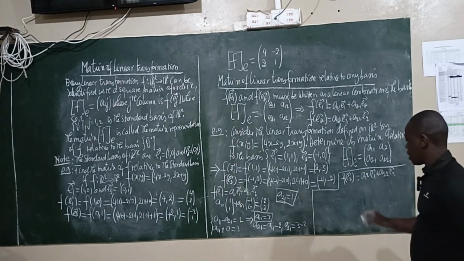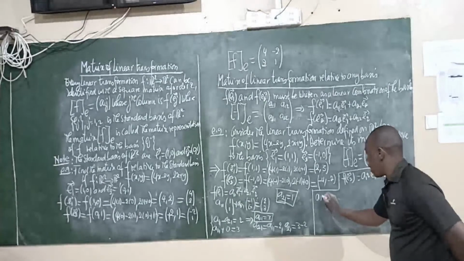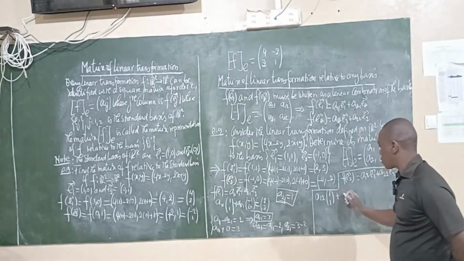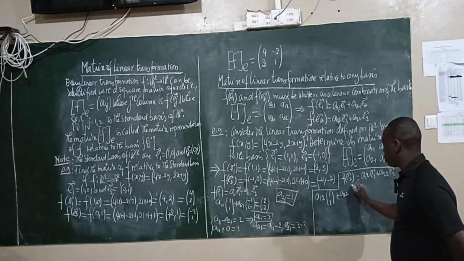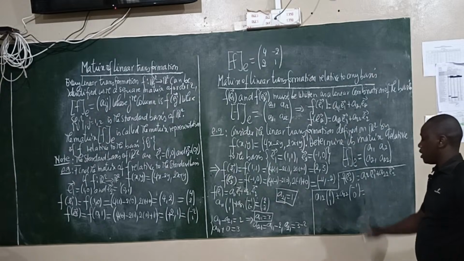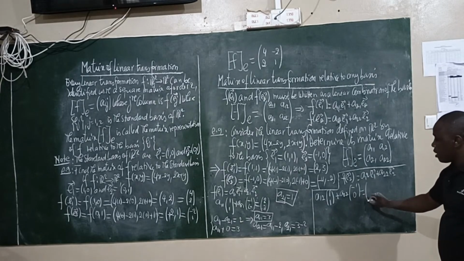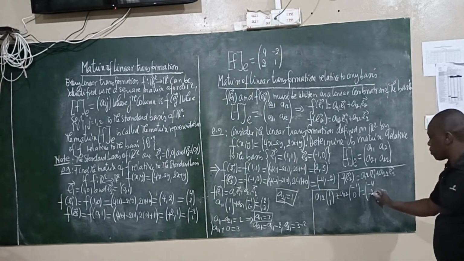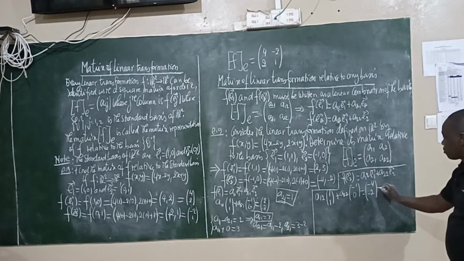This means a12 into (1, 1) plus a22 into (minus 1, 0). This will be given by our f of e2, which is (minus 4, minus 2).